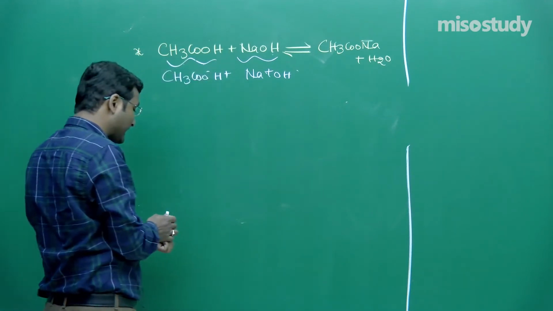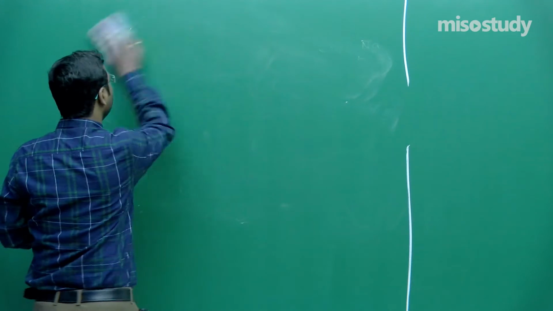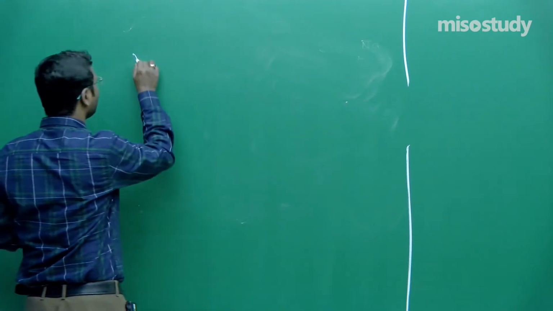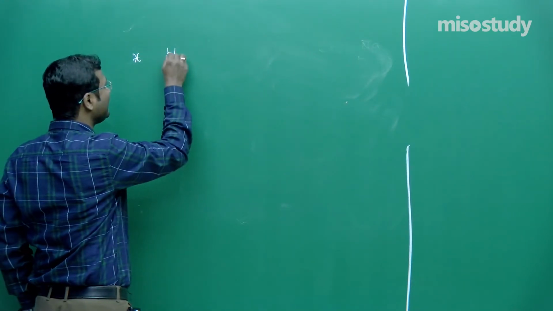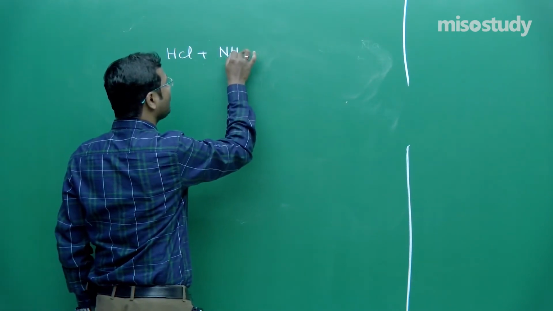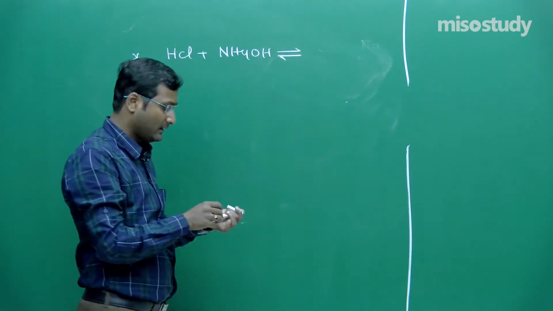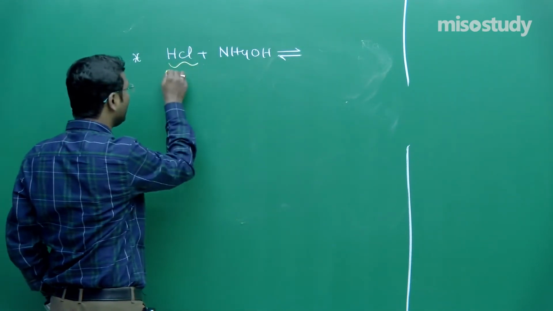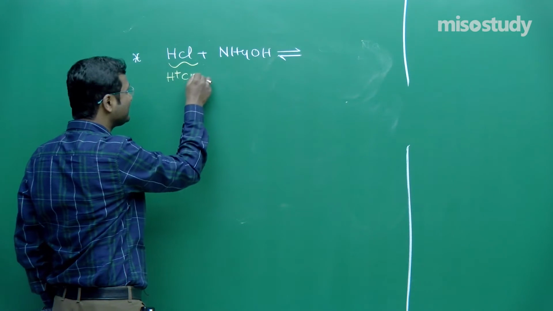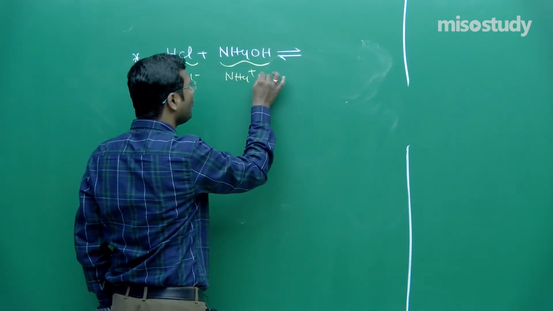If I take another example, then what will happen? It's similar, very simple. If I write HCl plus NH4OH, okay friend? Now, what will happen? As we know, it breaks into H plus, Cl minus and NH4 plus, OH minus.